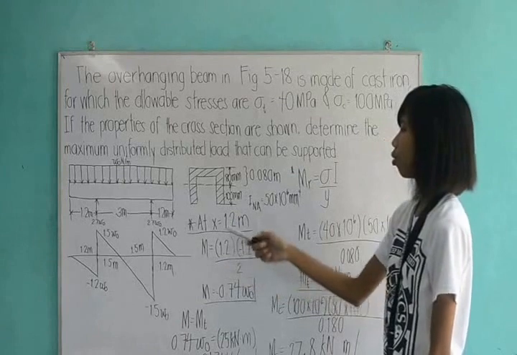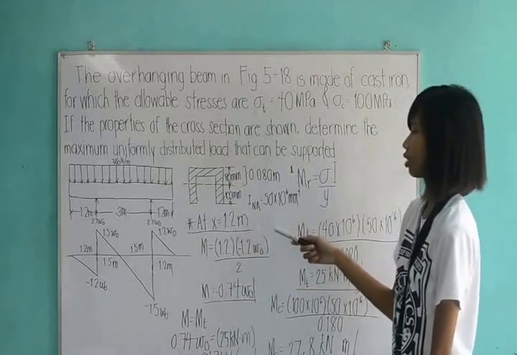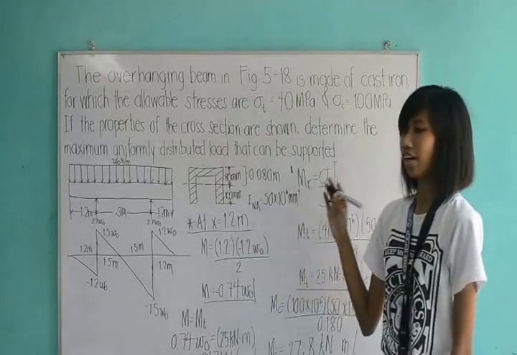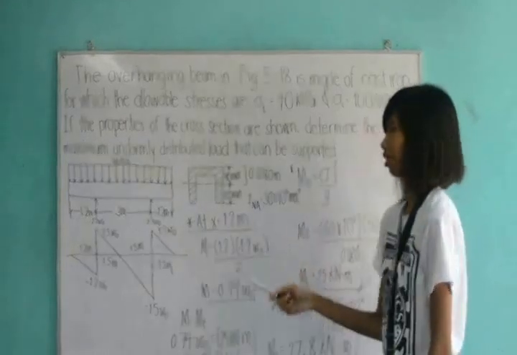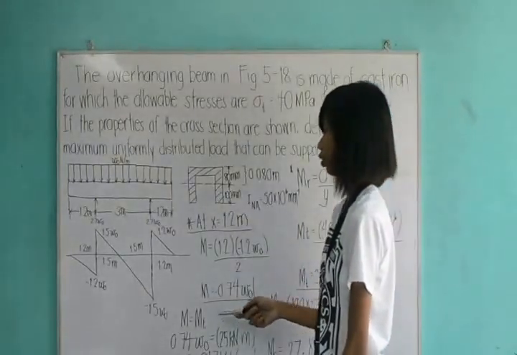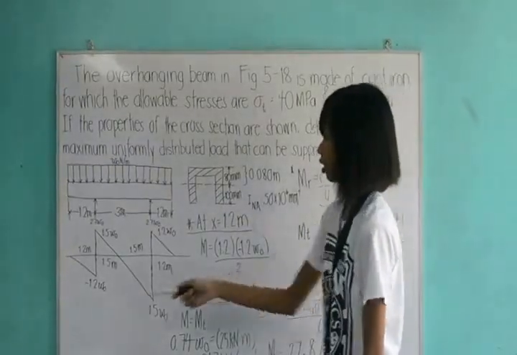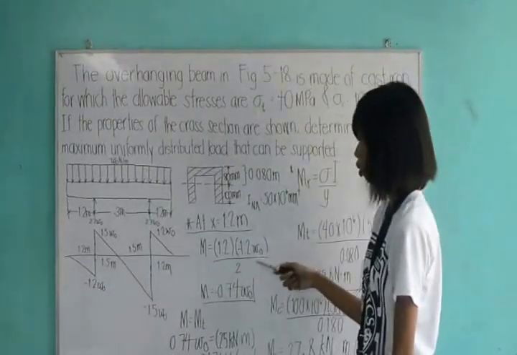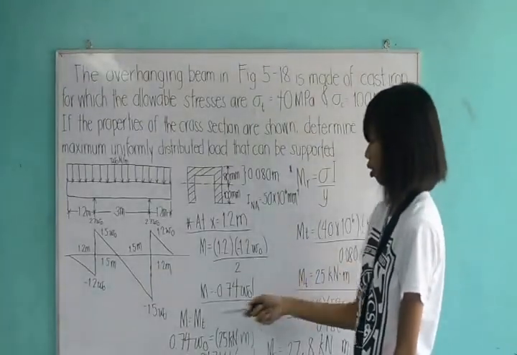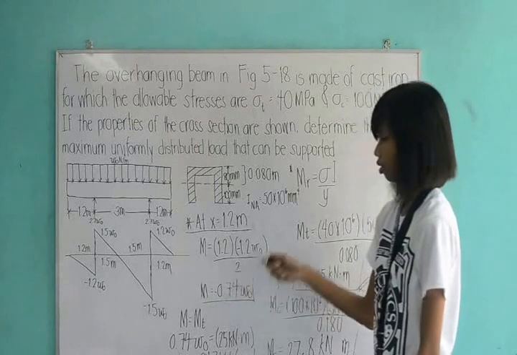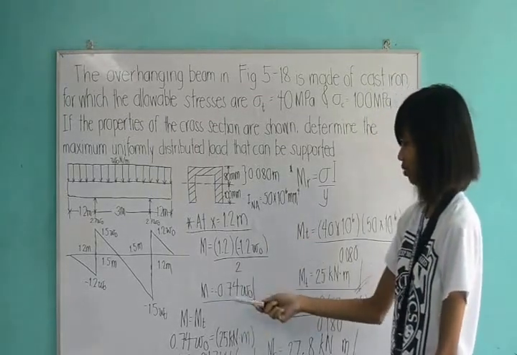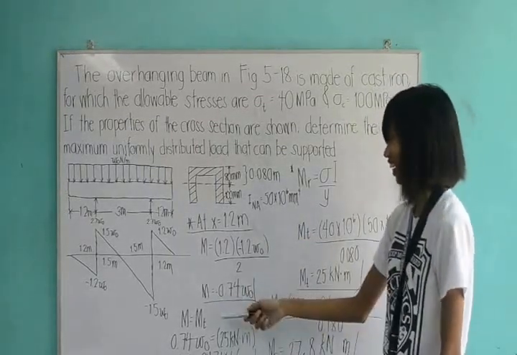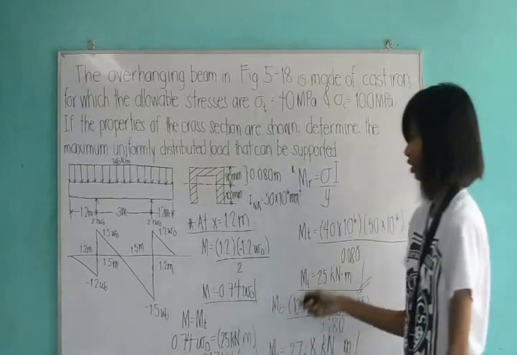To get the bending moment at the distance 1.2 meters, we can use the area method. So 1.2 meters times negative 1.2 omega sub O will lead us to the bending moment negative 0.74 omega sub O.